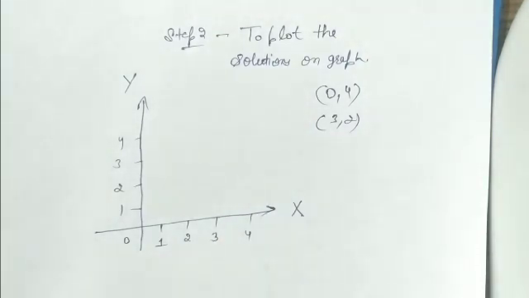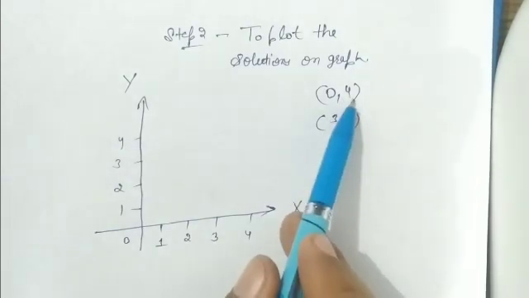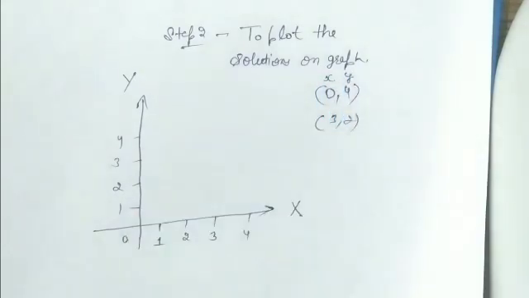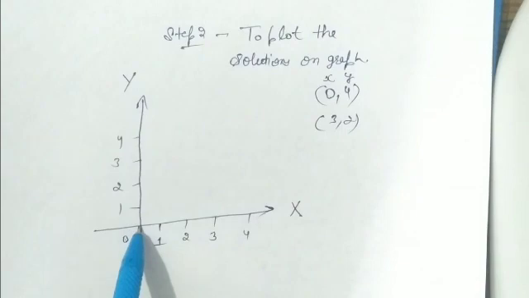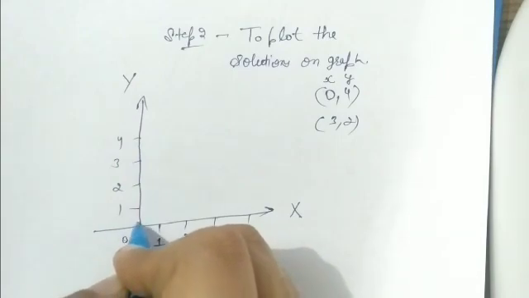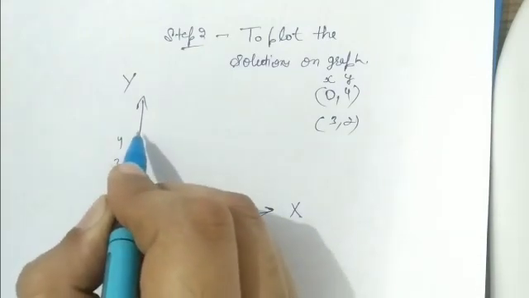The next thing is we have to plot the points here. The first is (0, 4). Take care that this is going to be x and this is going to be y. So x is 0, that means here 0 will be there, and y will be 4, and y is for this side. If you start from here, x is 0, go up to y, that is 4 here.